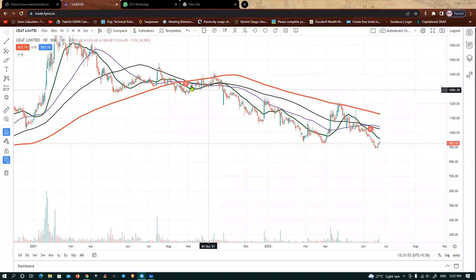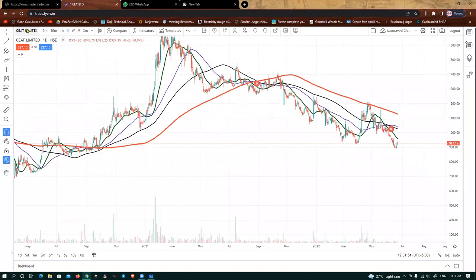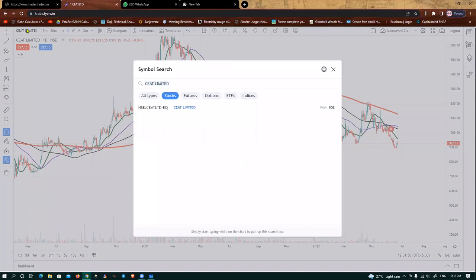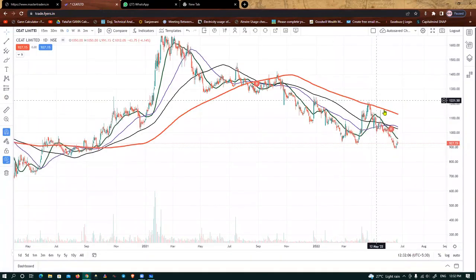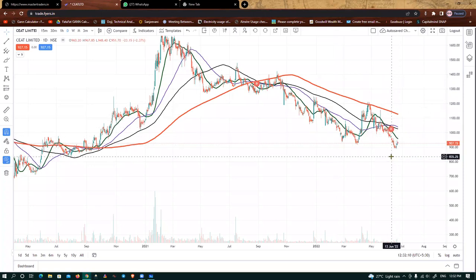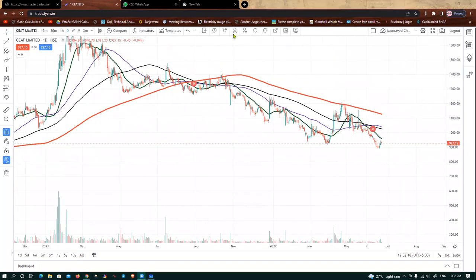So this seems to be a buying opportunity, right, sir? No, how can you buy? You can see here, price is trading below all the moving averages. Whether it trades down or sideways, whenever price approaches any moving average, it will give resistance.